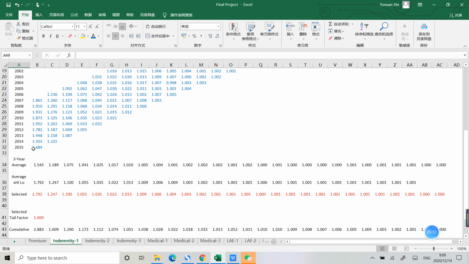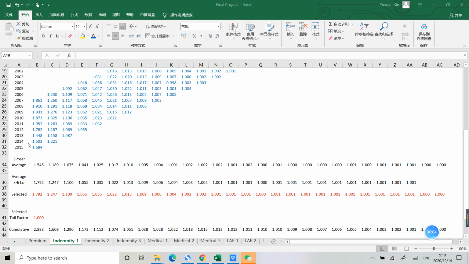The 3-year average means that we should use the most recent 3 years to calculate the average number. For example, for the first column, we should use 2015, 2014, and 2013.